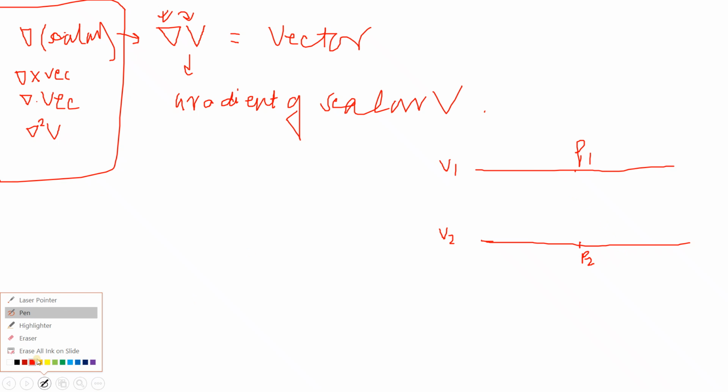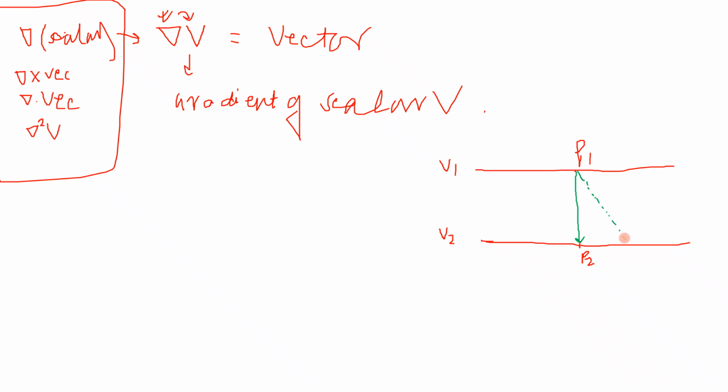So I want to shift the point P1 to P2. Now this is the shortest path. If I travel this path, it won't be the shortest one. But this is the shortest one, so I call it dn. And suppose this is dl1, this is dl2 and this is dl3.